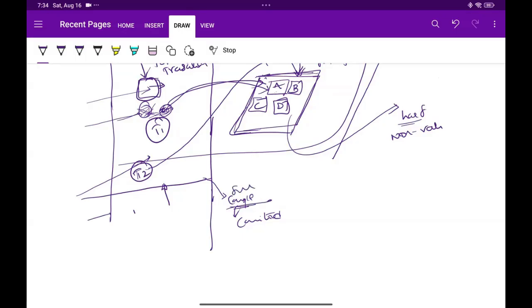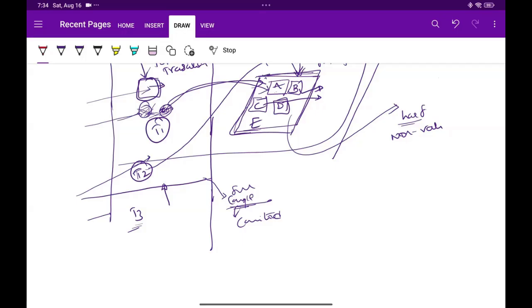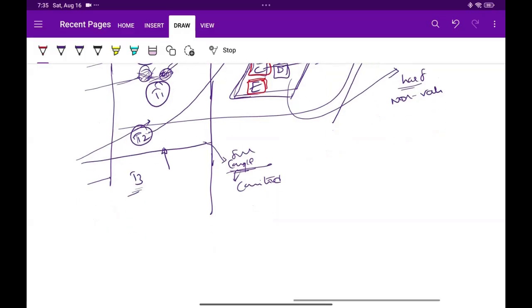Now T3 is started. T3 is modifying B, C and E. E is a new page.